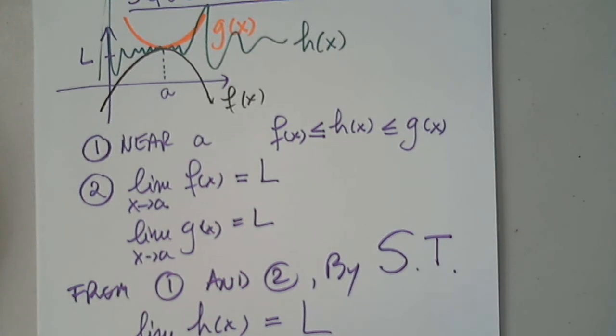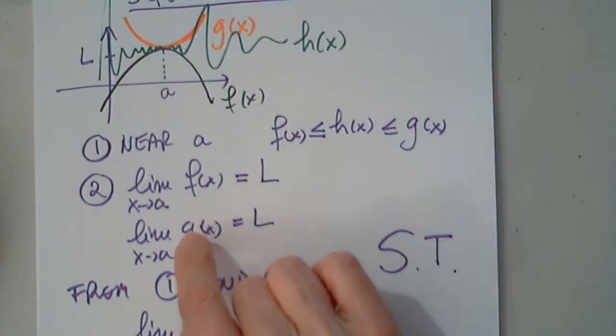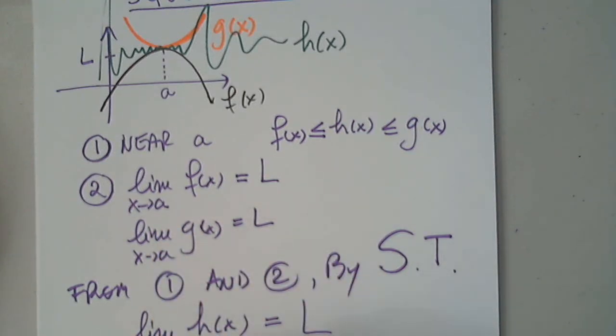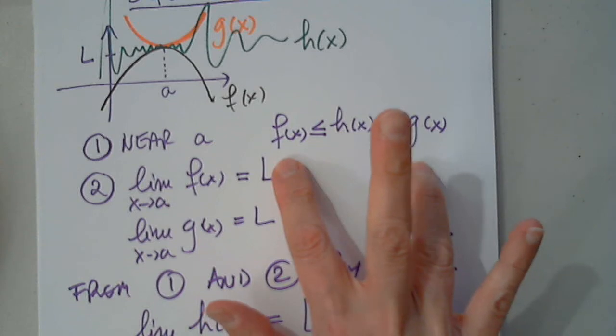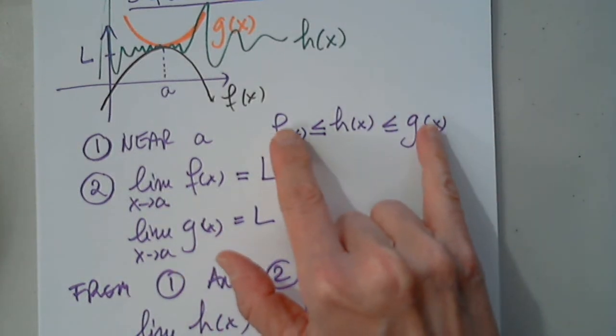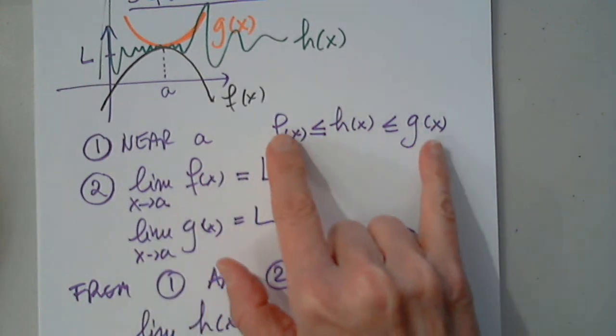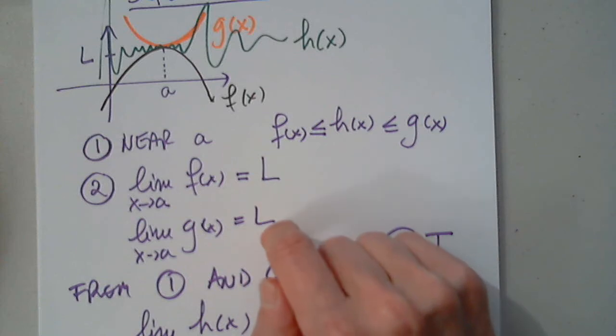So, two things here. I have to show that near a, the function is squeezed or sandwiched. I also have to show that the limits of these two functions both exist and they are the same.